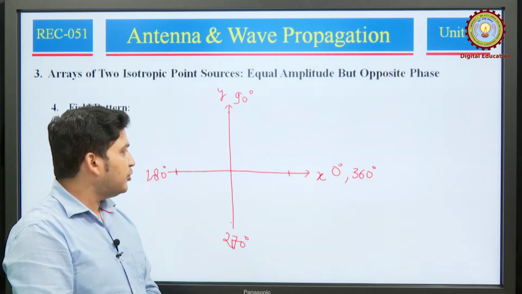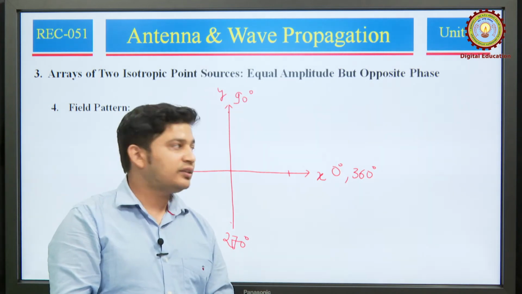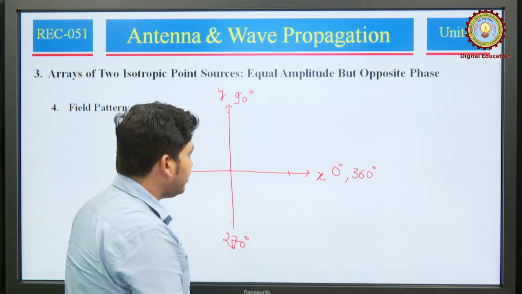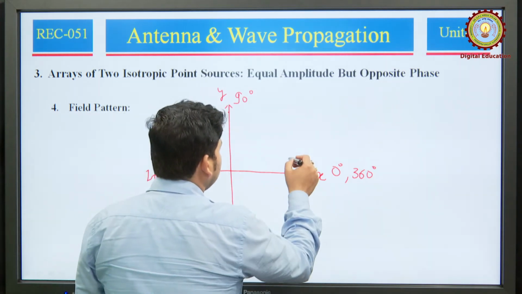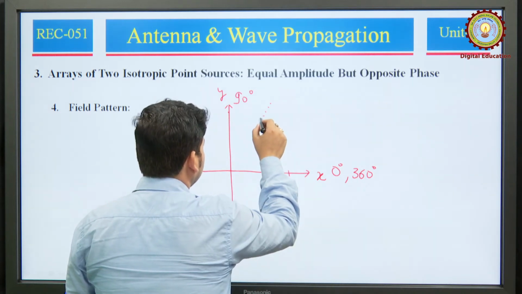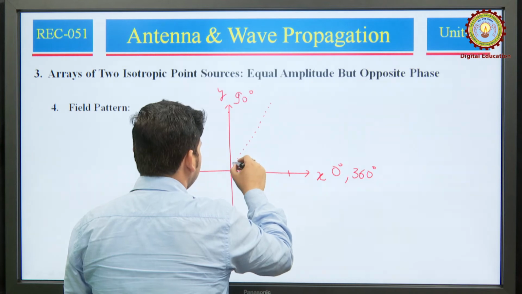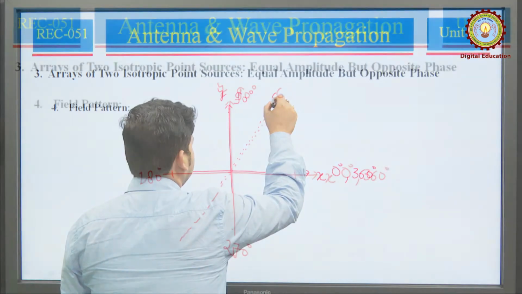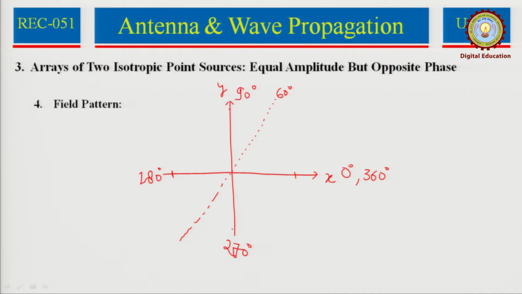And most important, what are the half power points? Plus minus 60 degree, plus minus 120 degree. So, let me draw the 60 point also: somewhere here 30, somewhere over here 60. So, this is the 60 degree angle line, and over here 120 degree.